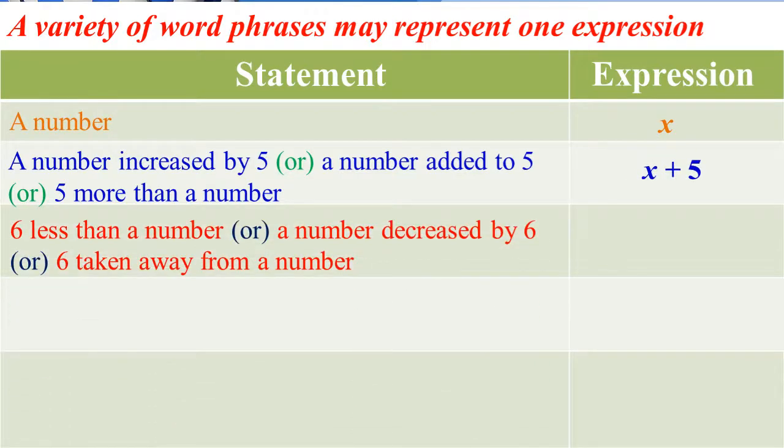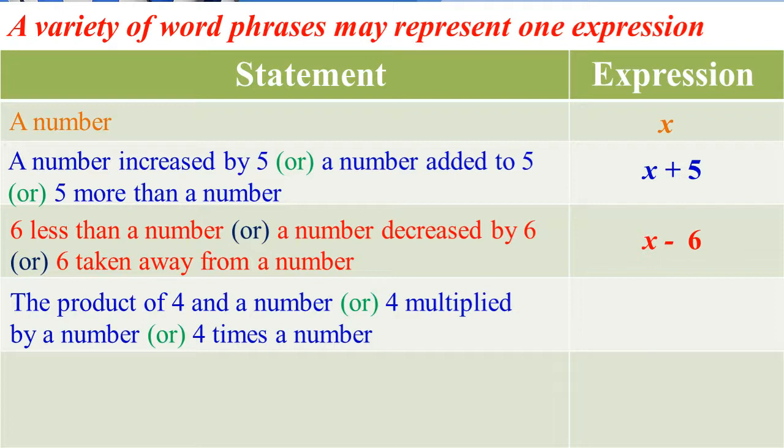Next, 6 less than a number, or a number decreased by 6, or 6 taken away from a number. Here less than, decreased, taken away is denoted by the subtraction symbol. So here we have to write x minus 6.